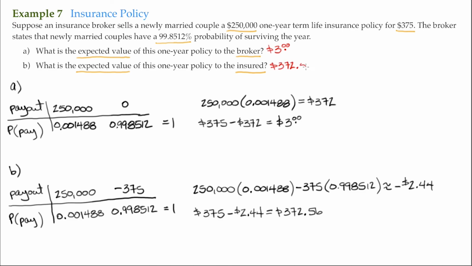So the key is to make sure that we're addressing the correct party if there's more than one party involved, and to make sure that we're utilizing all the values that are expressed.